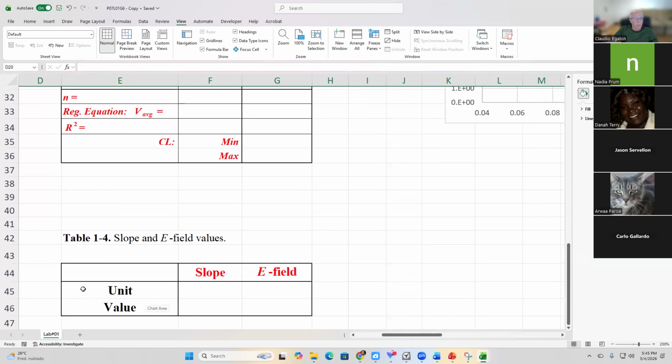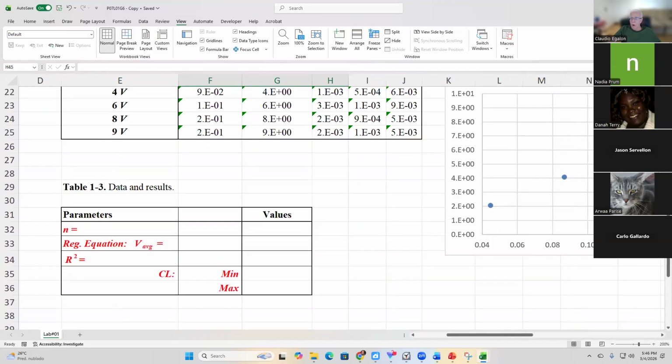Okay, but we do have units right here in those two cells. See, numeric value here, unit here, the slope and the electric field. That's what you have to do in all my labs.